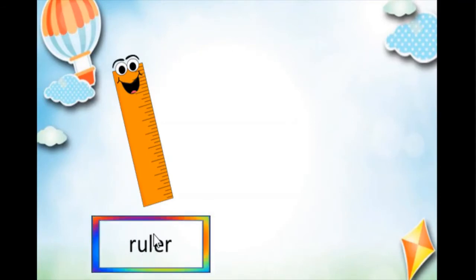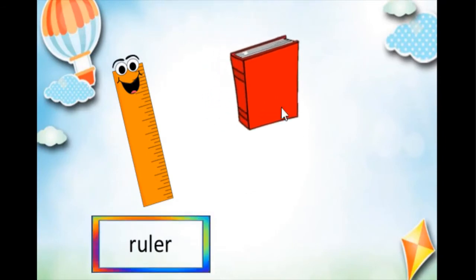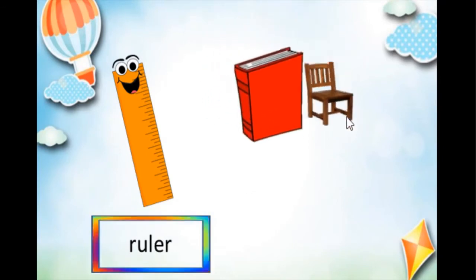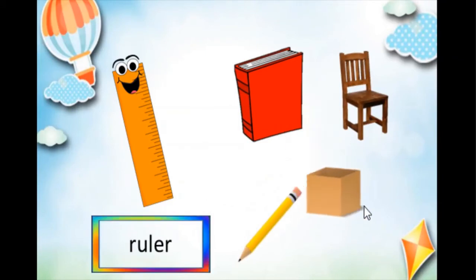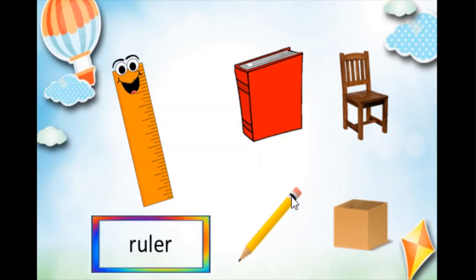It is a ruler. And a ruler can be used to measure a book, a chair, a pencil, or even a gift box. All objects that are small in size can be measured with the use of a ruler.